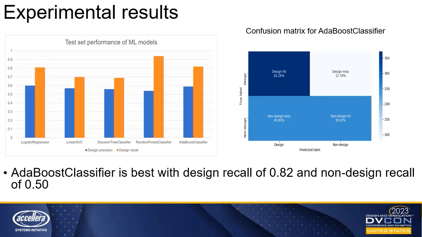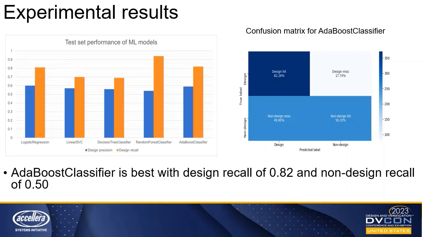It also has a higher design precision compared to the random forest classifier. So overall, the AdaBoost classifier is found to have the best classification performance among all machine learning models.